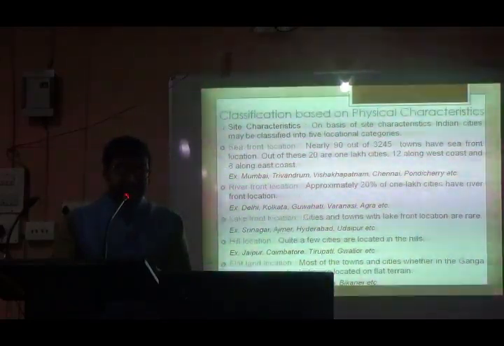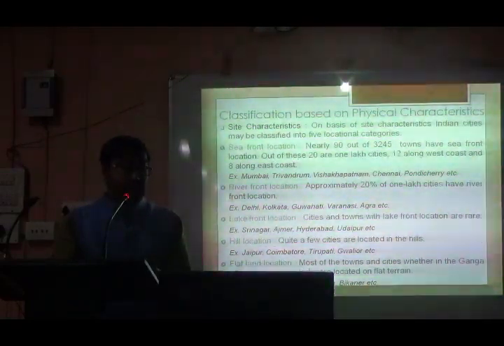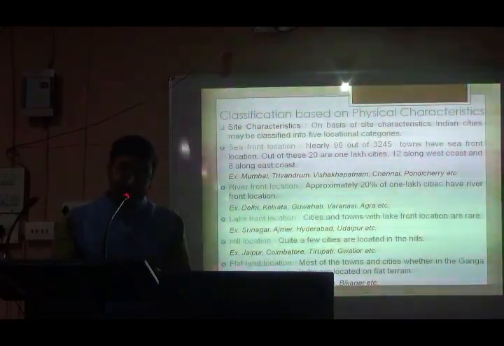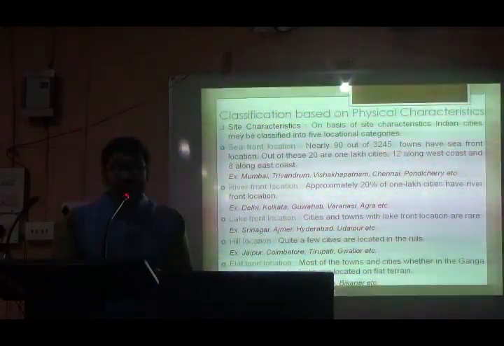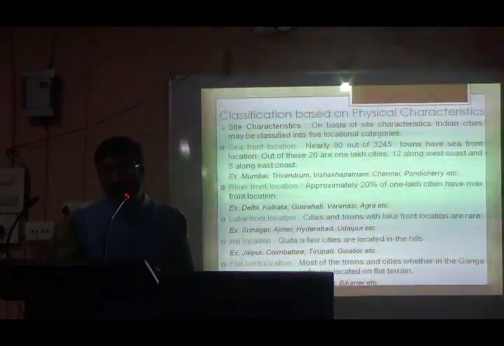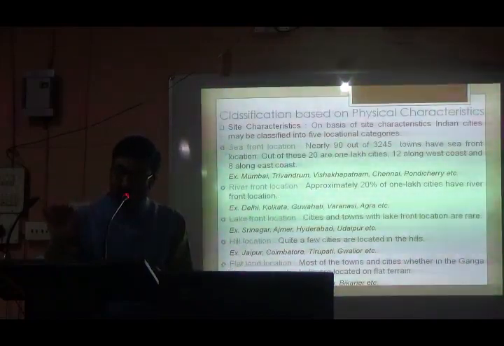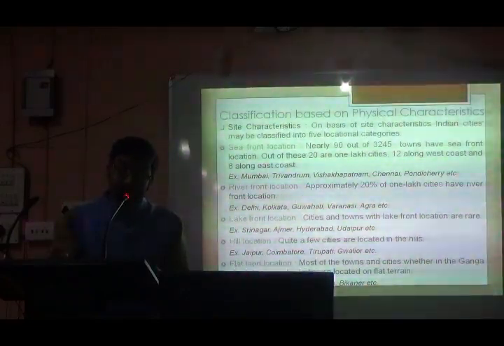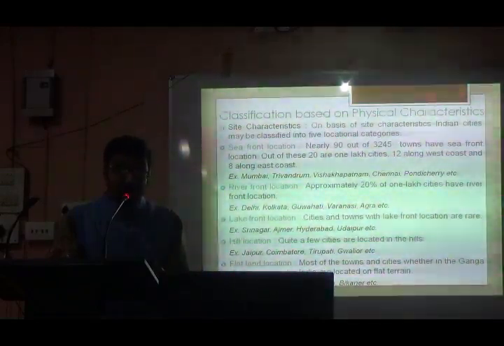Let's see the classification based on site characteristics or situational advantages. If we are trying to analyze the Indian scenario, then we can trace a few distinguished sites: seafront, riverfront, lakefront, hilly location or flat land location.